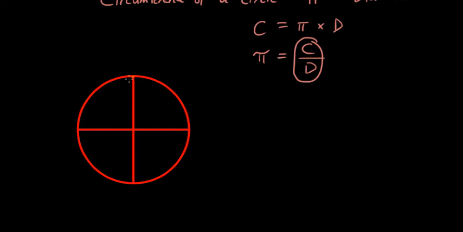So let's start by drawing a regular quadrilateral, a four-sided shape, and each corner of the four-sided shape is touching the circle. Now if you have a look at the perimeter of the square, it is not quite the same as the perimeter of the circle. The circle perimeter or circumference is going to be a bit longer than the perimeter of the square.